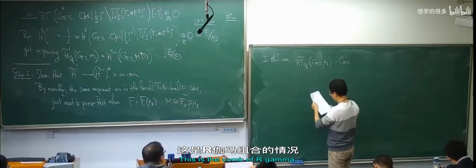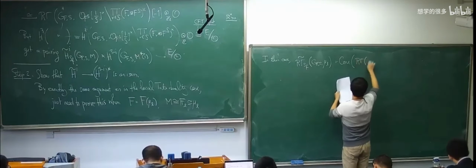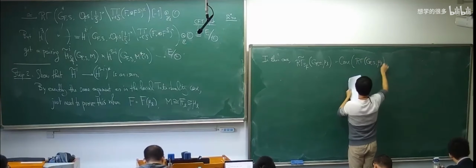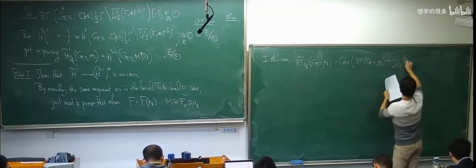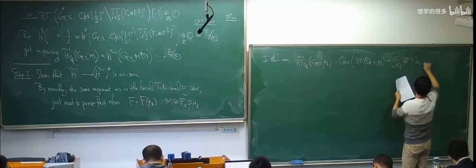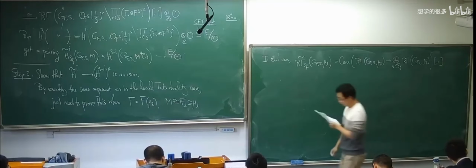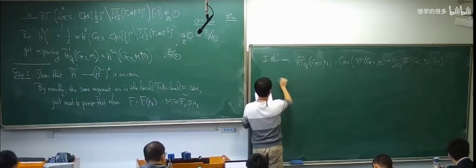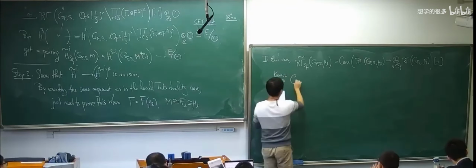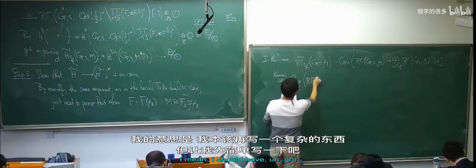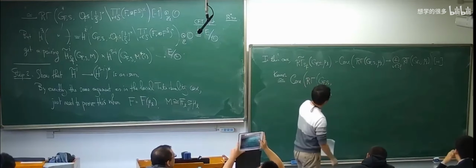This is the cone of R Gamma going to, by Kummer, I should have written another complex inside, but let me just write a complex here.